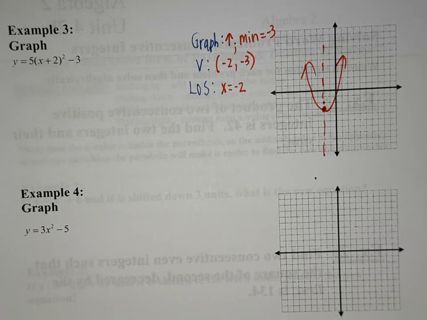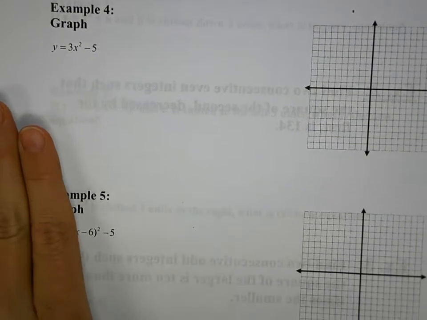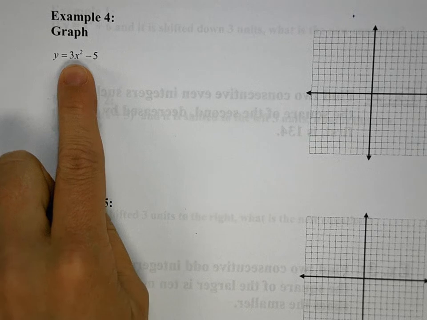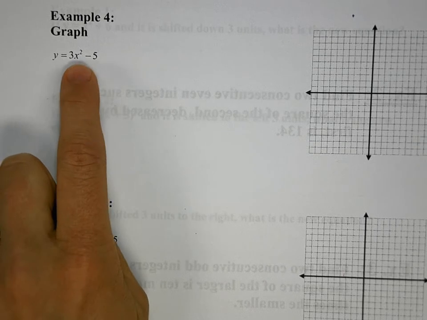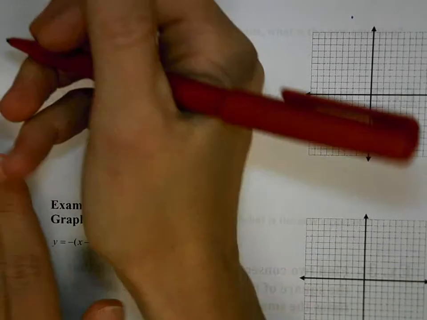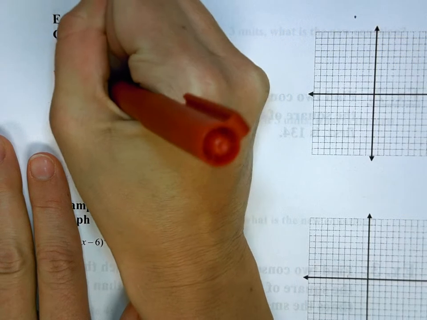All right, let's do example 4. This one is set up just a little bit different in that there isn't a parenthesis with the x squared term. But there also isn't a plain x term where we could factor. So what do you think? I'm just going to rewrite this so you see it.